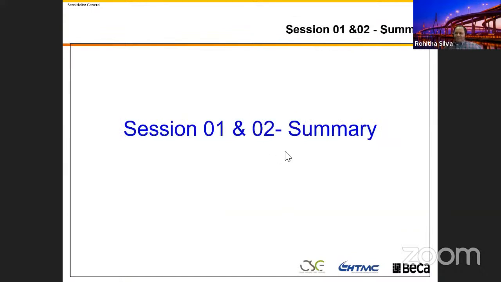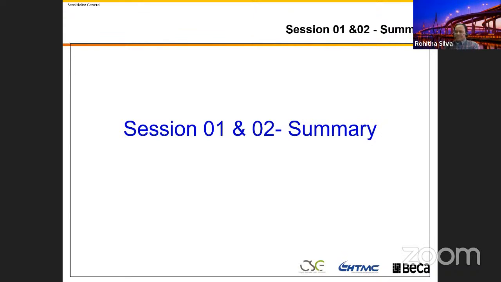If I put in a few lines what we discussed in session 1, we discussed the people you need to get involved with when you are a bridge designer, and the quality assurance and quality control you need to look at during design and construction.